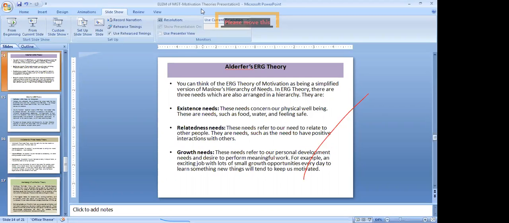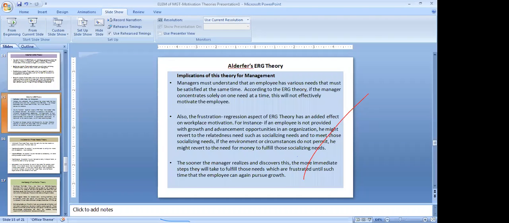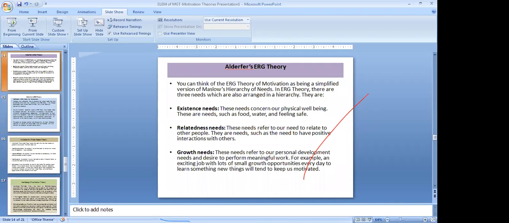The existence theory is also similar to the first two levels of Maslow's hierarchy of needs. The relatedness refers to our need to relate to other people.